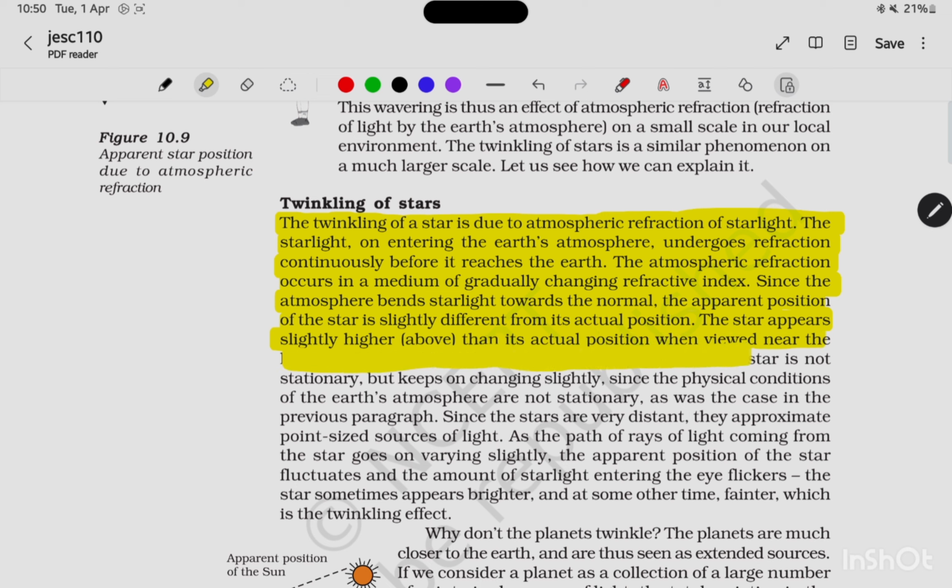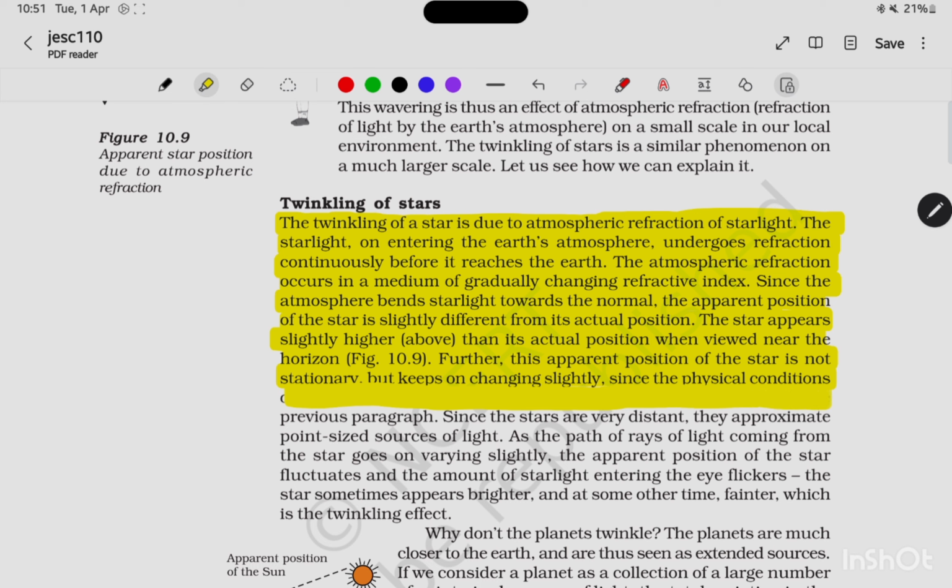Further, this apparent position of the star is not stationary but keeps on changing slightly, since the physical conditions of the Earth's atmosphere are not stationary, as in the case of the previous paragraph. Since the stars are very distant, they are approximately point-sized sources of light.